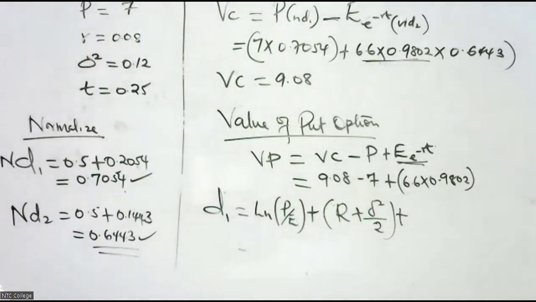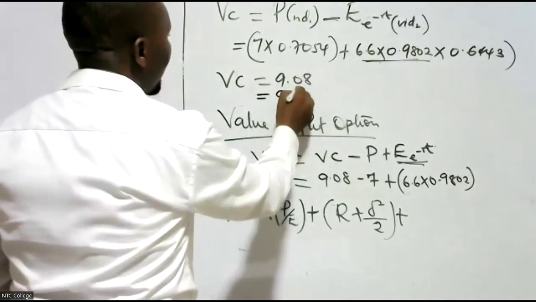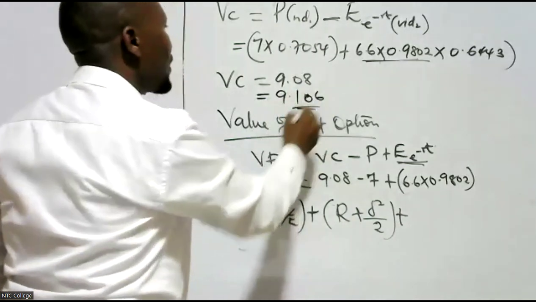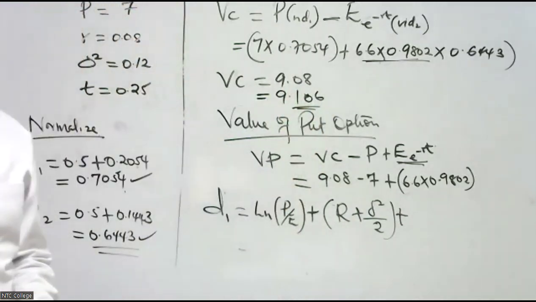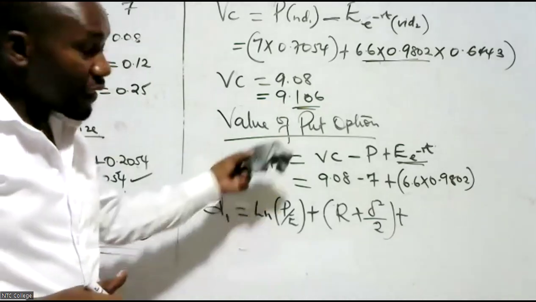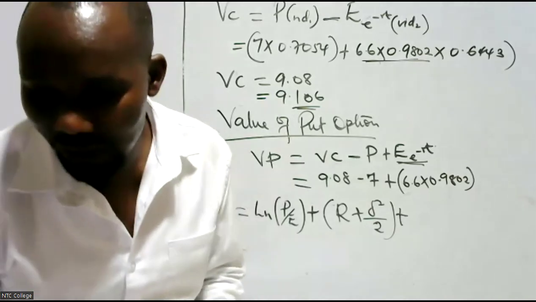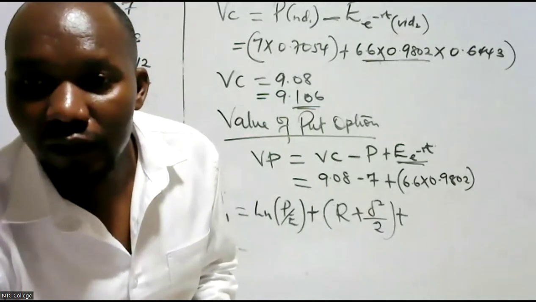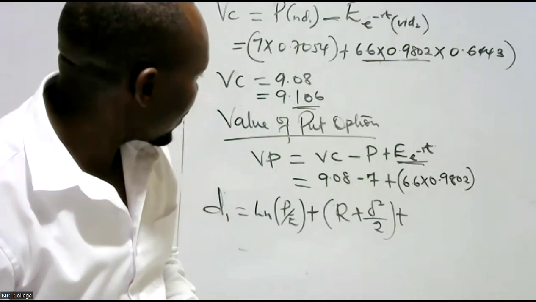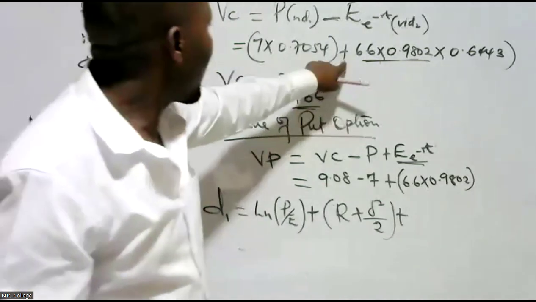You're getting a different figure. Value of call is 9 point. Somebody's getting 9.106. It doesn't matter. That is your accuracy, how accurate you are. But again, somebody's talking. In the second working, they say you have written plus rather than minus. Look below the formula there. Below here.